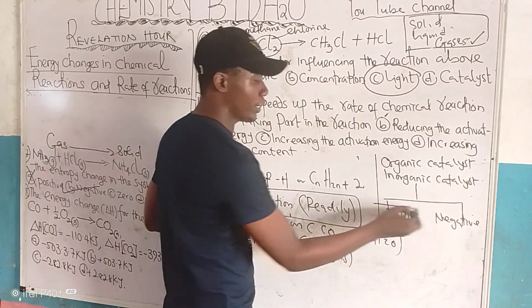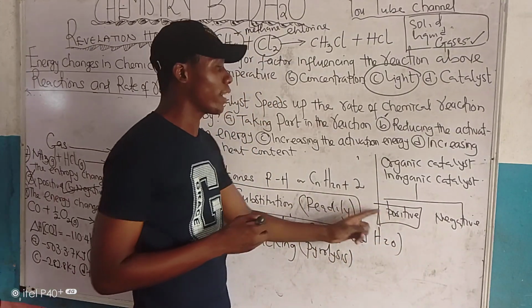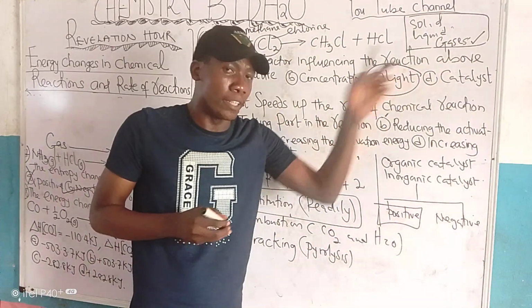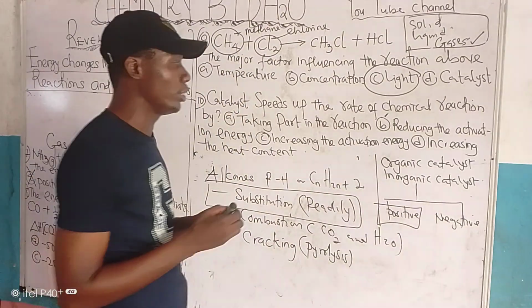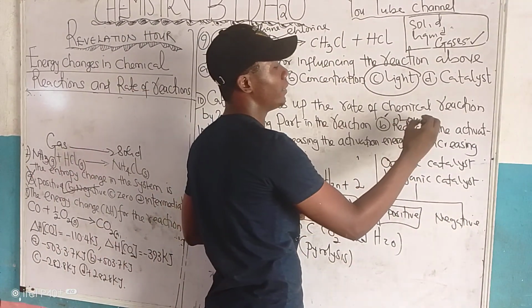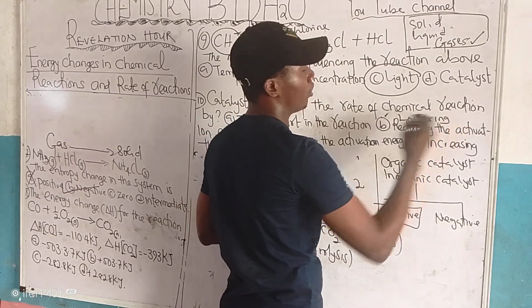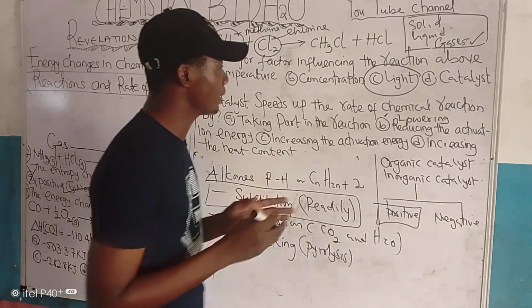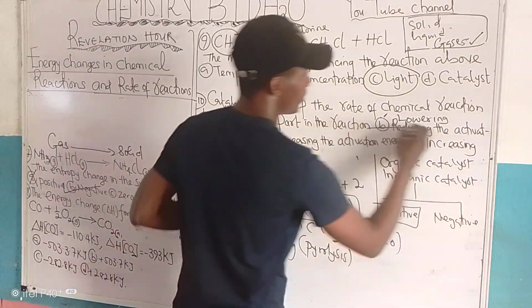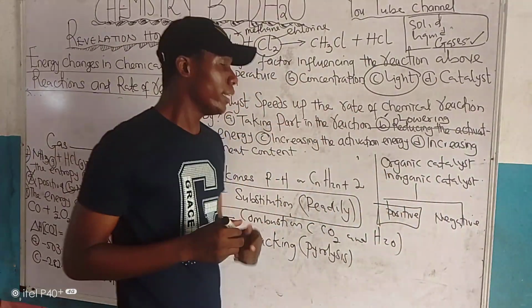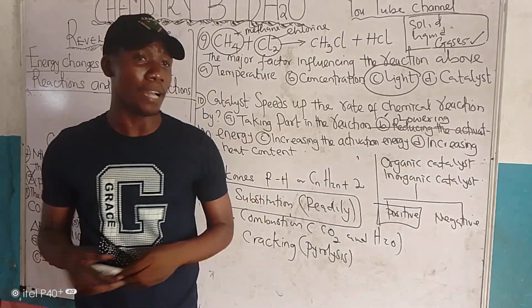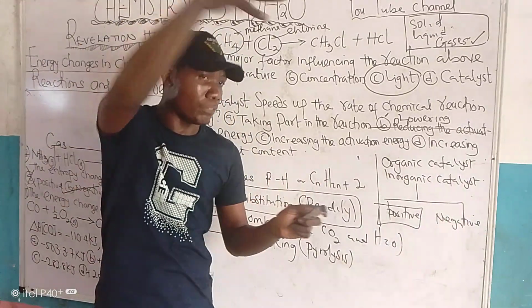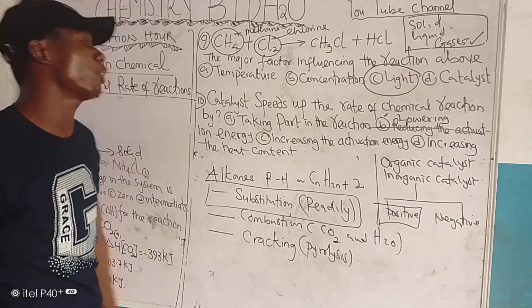Now, the positive catalyst usually increases the rate of chemical reaction by lowering the activation energy. So the answer to this question is B. The other way around, a negative catalyst slows down the rate of chemical reaction by increasing the activation energy.